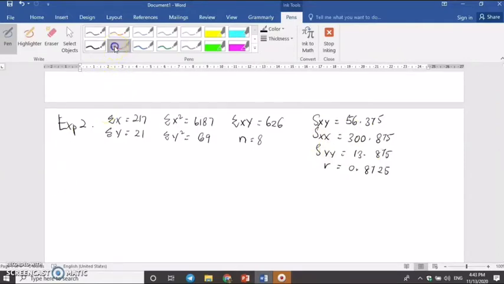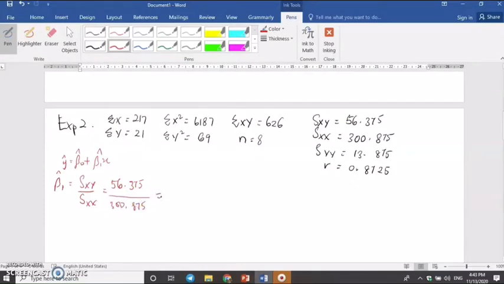So first kita akan cari dulu nilai yang kita nak cari, which is kita punya regression line. So y hat equals to beta 0 hat plus beta 1 hat x. Okay, so beta 1 dulu, kita akan start dengan beta 1, which is SXY divided with SXX. So SXY adalah 56.375 divided with our SXX, which is 300.875.